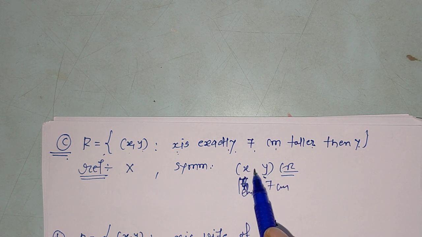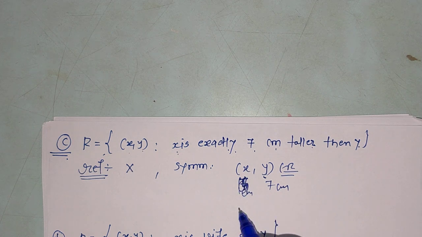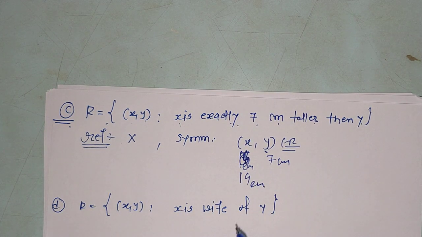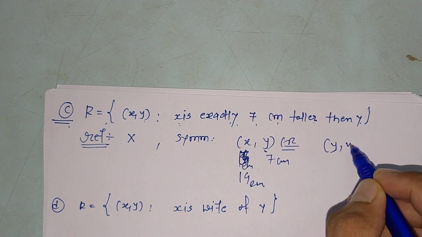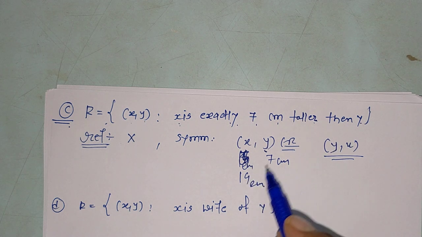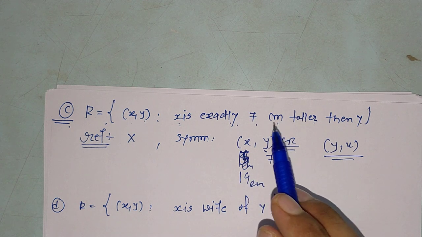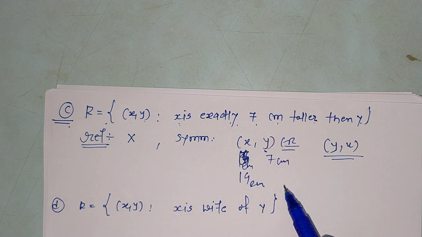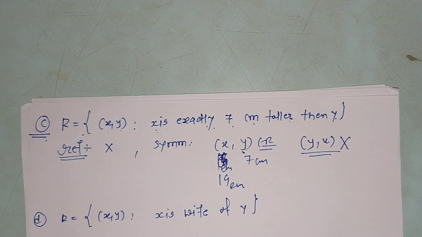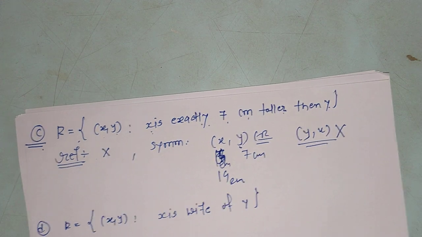So X is exactly 7 centimeter taller than Y. But if you invert the places, is Y 7 centimeter taller than X? No, Y is exactly 7 centimeter shorter. So symmetricity is falsified. It's not symmetric.